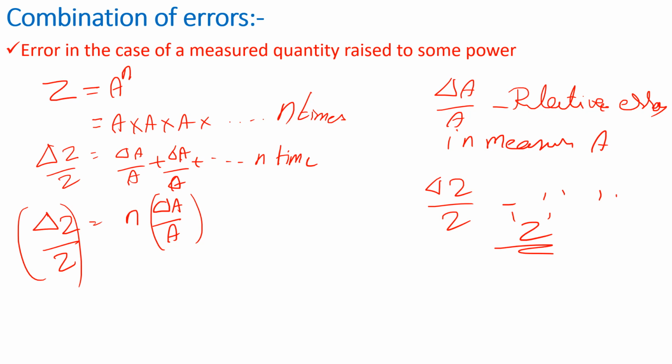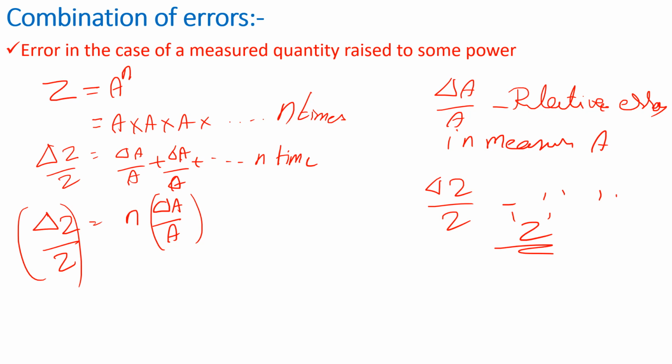When Z is equal to A into B, what happens to the error? The error is delta A by A plus delta B by B. But here A and B are not different. Here everything is A only, A into A only. So what happens to the error? Delta A by A plus delta A by A, like that, how many times? N times. How can you write this?